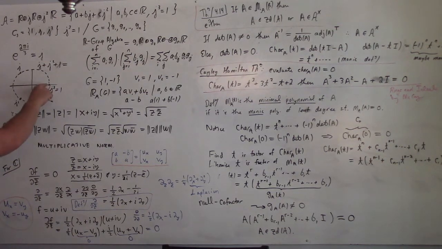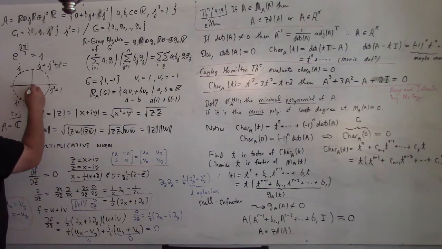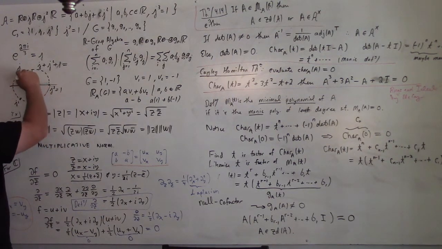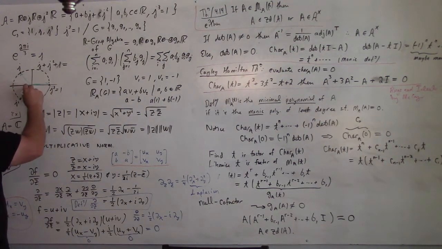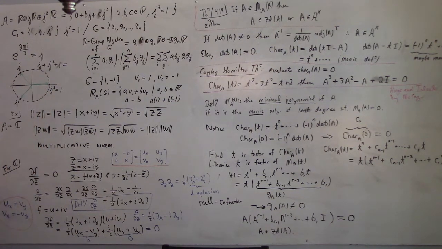Let me be a little bit more heavy-handed in my hinting. What is the sum of this vector, this vector, and that vector? This vector is 1, that vector is j, that vector is j squared.